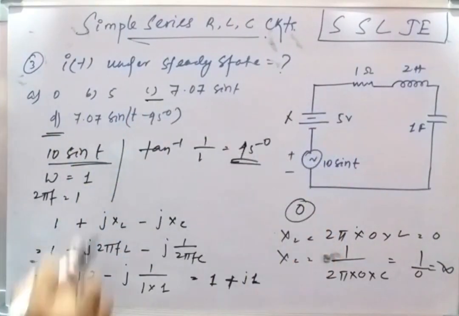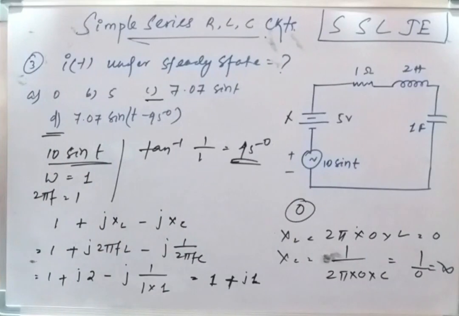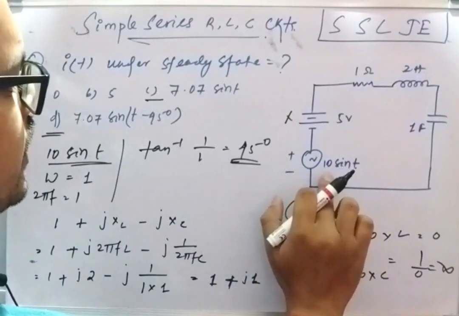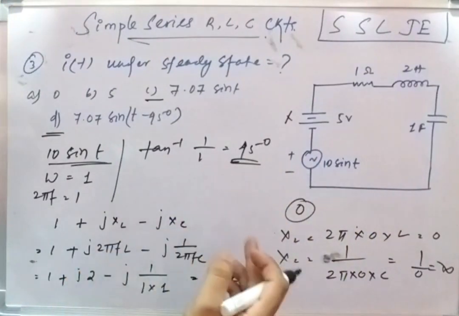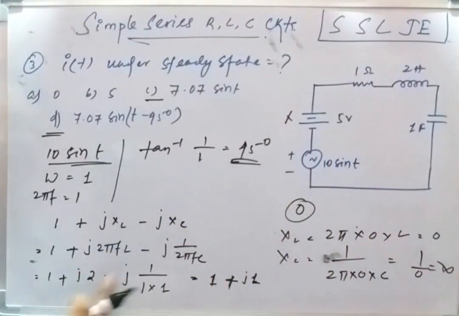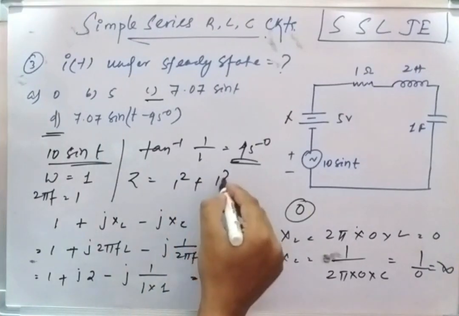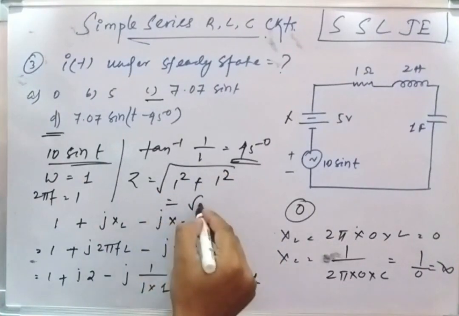If you want to find out the peak value, we can find it out. Here the peak voltage is given as 10 volt. And from here you will get the impedance value. How will you get the impedance value? Here impedance Z equals root of 1 square plus 1 square, that is root 2.